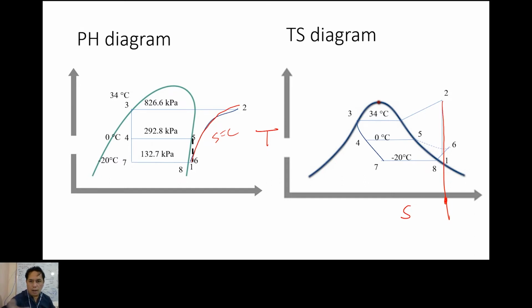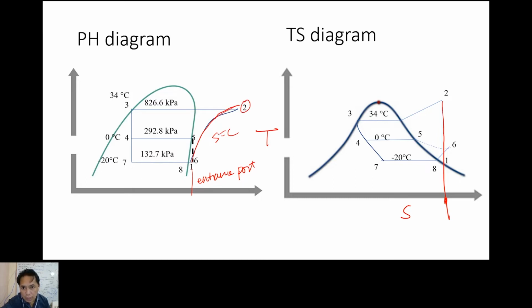So, we have been discussing the pH. Now it's TS, temperature entropy. How do we know the constant in the TS? The constant in our vapor compression is the process happening at 1. 1 is the entrance port, the port where the line, the pipe, is attached.